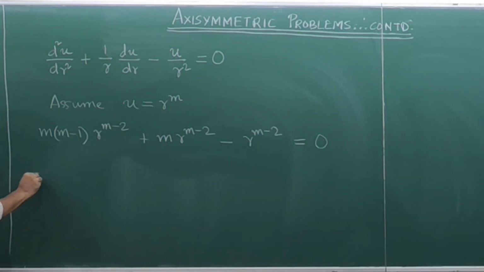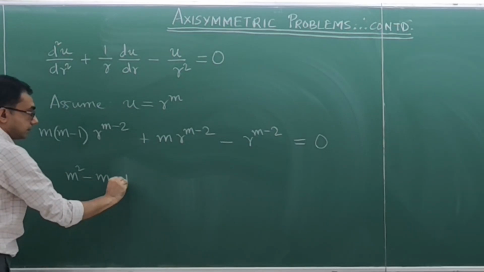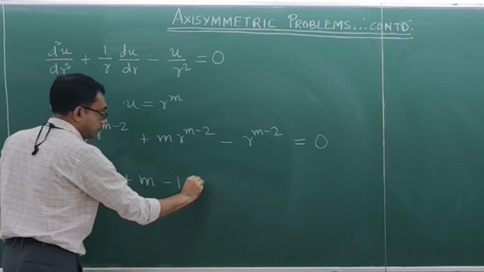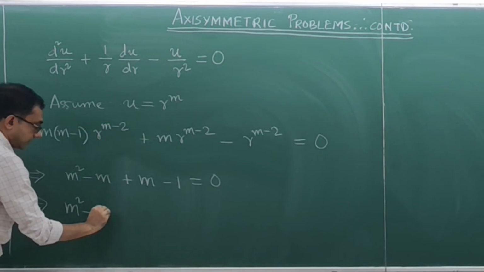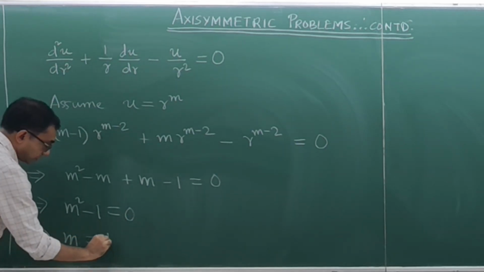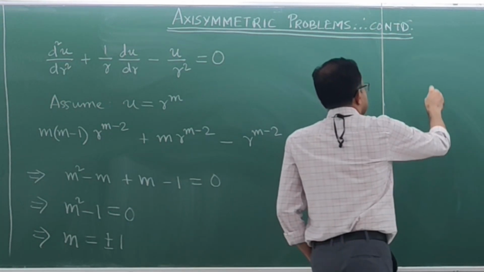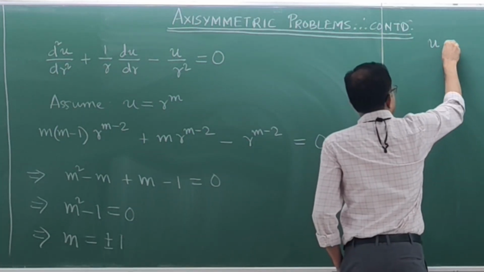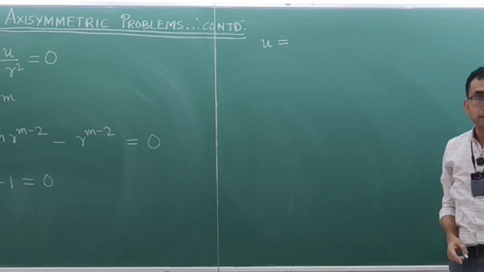From here, we will obtain m square minus m plus m minus 1 equal to 0, because r to the power m minus 2 is common. And from here, what we will have is m square minus 1 equal to 0, and that gives us m is equal to plus or minus 1. Which means that the general solution for u will be r to the power 1 as well as r to the power minus 1.